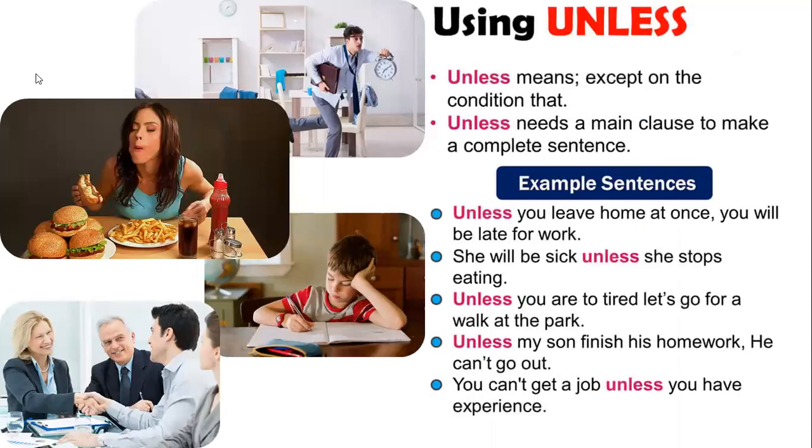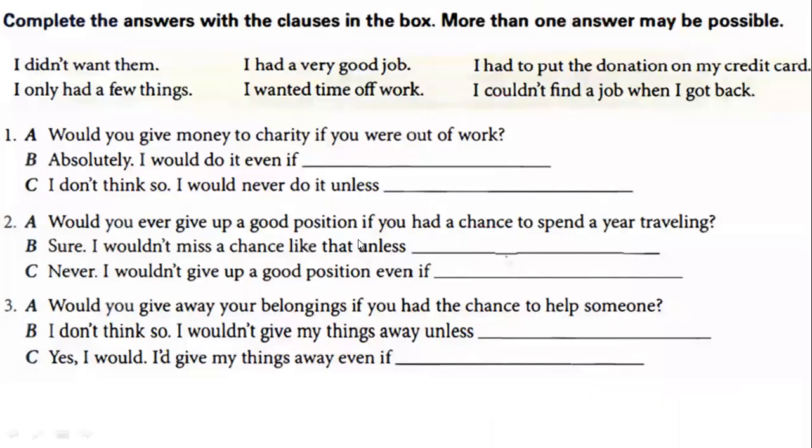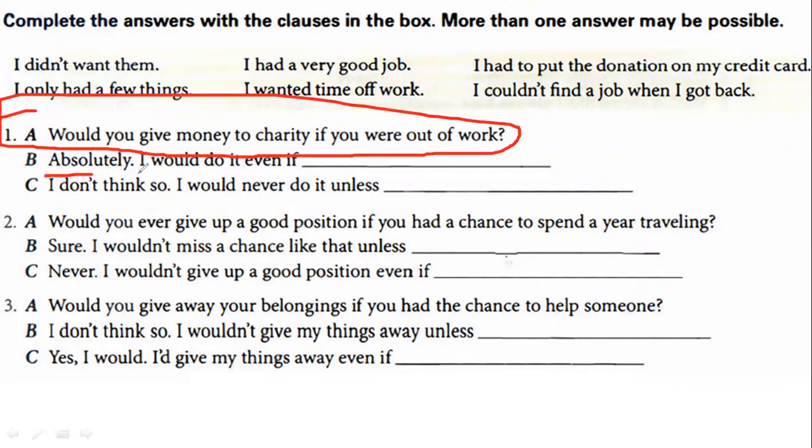All right. Now here is an exercise. Complete the answers with the clauses in the box. More than one answer may be possible. Okay, let's do number one. A, would you give money to charity if you were out of work? Absolutely.